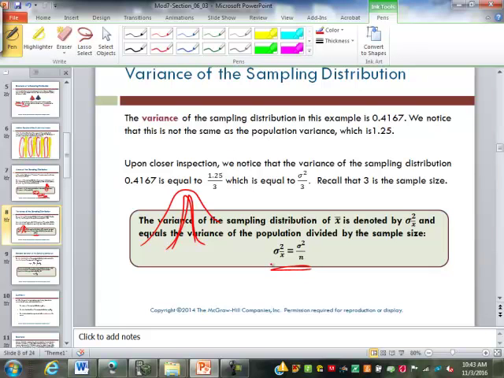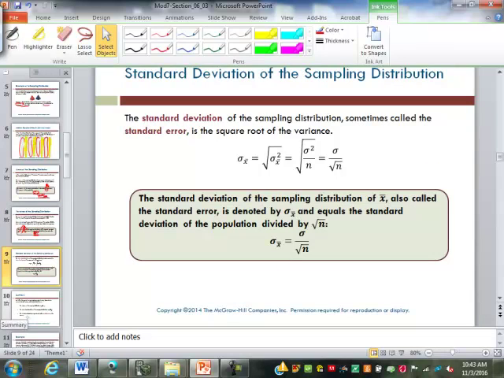The variance, the sigma squared of x bar, the variance of the sample means, is equal to the variance of the population divided by the size of the sample. Since the standard deviation is the square root of the variance, we square root all that. So the standard deviation of the sample means is equal to the standard deviation of the population divided by the square root of n.